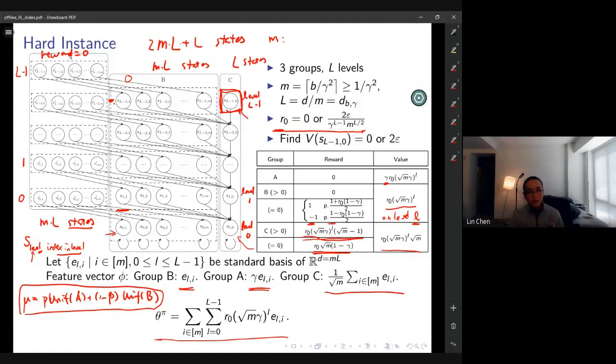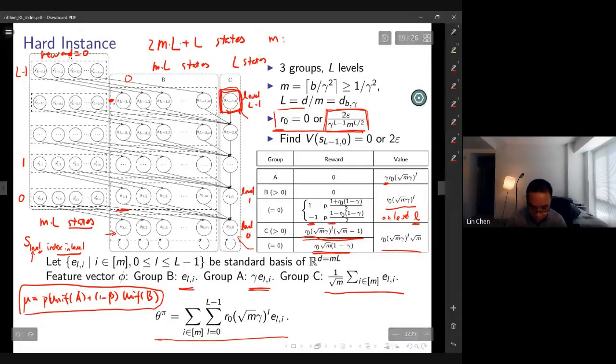And if R0 is 2 epsilon over gamma to the L minus 1, m to the L over 2, then the value of this state is 2 epsilon. So if we want to determine the value of this state up to epsilon, then we need to determine if R0 is either 0 or this non-zero constant.